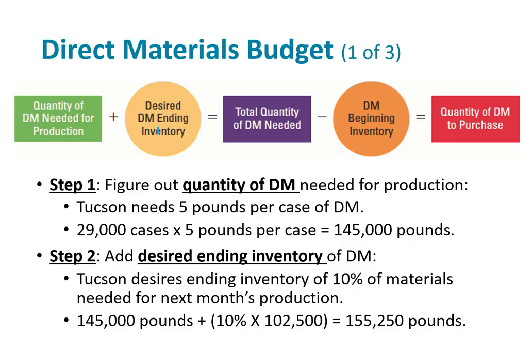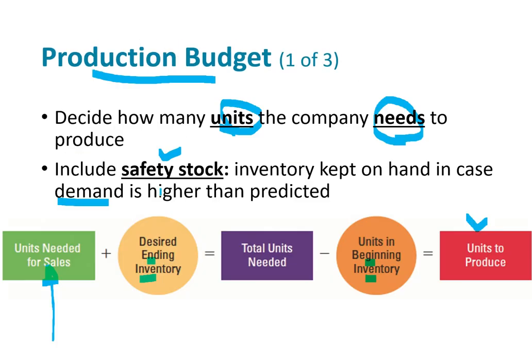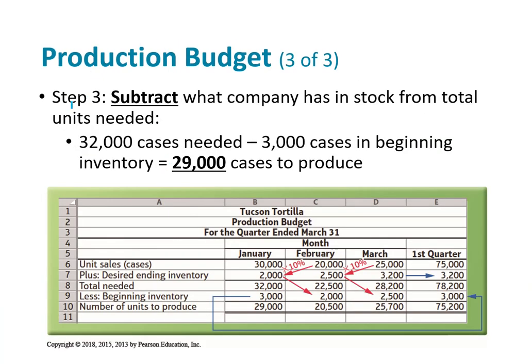Okay, so going back here, if you look, this was step 1 and 2. Now step 3, we're going to subtract how much the company has from the total that they need. So what we had here is, first of all, step 1, the number of sales that we're going to have. 2, we added the desired ending inventory, and here it says that we want 10%.